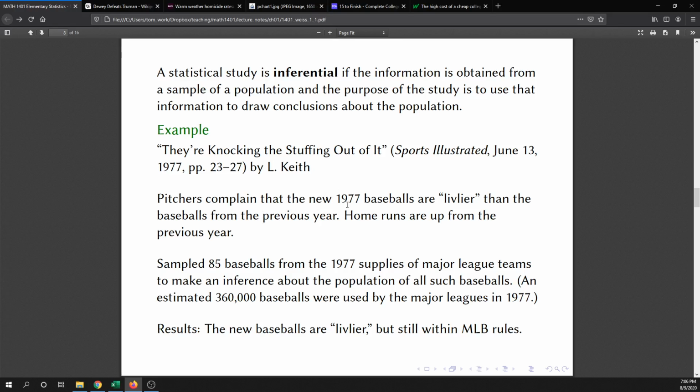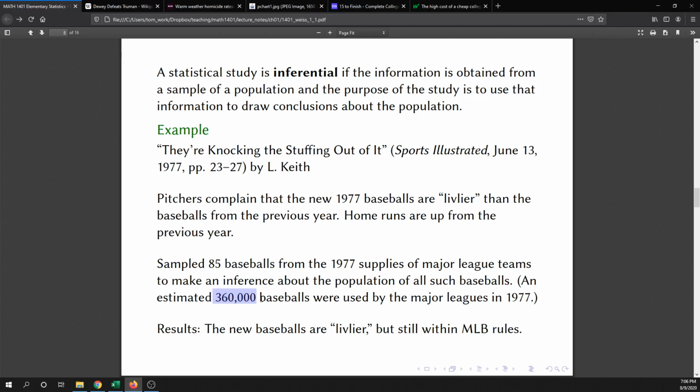In the 1977 Major League Baseball season, the pitchers complained that the new baseballs they were using that season were livelier than the baseballs from the previous year, because home runs were up from the previous year.